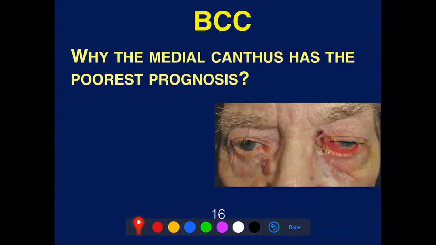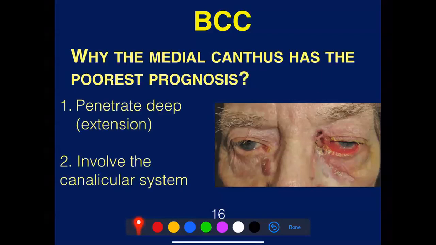What else? When you do DCR, you are in close proximity to which structure? I think maybe there are some blood vessels. Something related to ENT. The sinuses? Yes, so it penetrates deep, it has a tendency to extend to the adjacent sinuses, and it also involves the canalicular system. Okay, thank you, doctor.